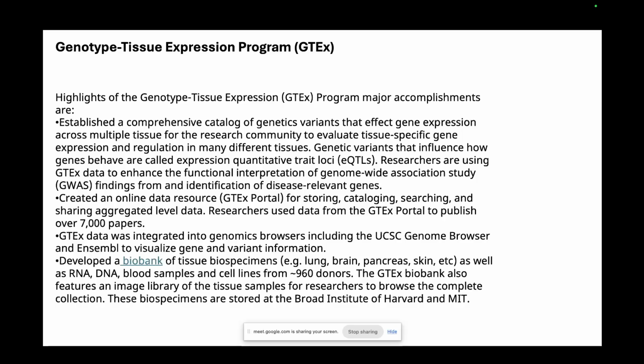So tissue specific expression is what they went for, because a variant present in the exact same location of the genome in a liver cell versus the variant present in a lung cell, the impact of these variants is quite different. It might be present in a gene that is not at all expressed in that particular cell type, so it does not actually hamper gene expression in, say for example, a liver cell.